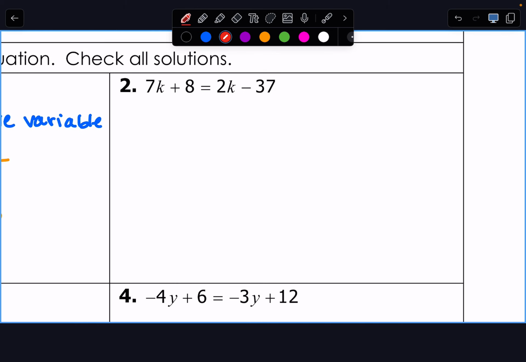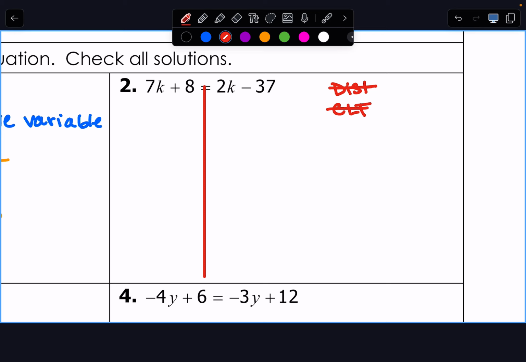Okay, so let's look at number 2. Again, in number 2, do we have anything to distribute? No. Do we have any like terms to combine on the left side or the right side? No. Okay, so those 2 steps are done.